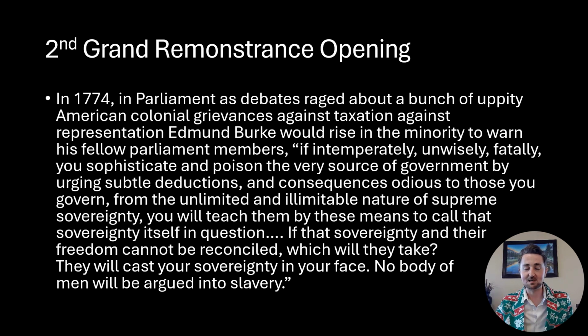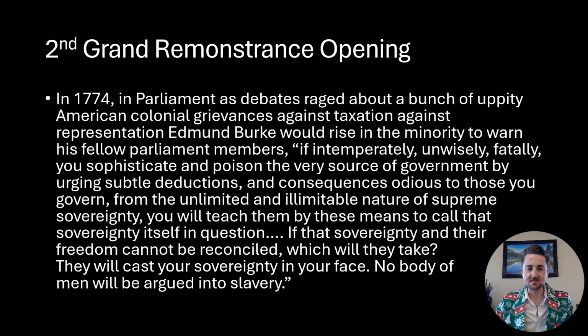That was what led me to continue the work and create the Second Grand Remonstrance as that application of reinvigoration of mass democratic civic engagement. So I want to dig into what the Second Grand Remonstrance is, beginning with the opening to the Second Grand Remonstrance.